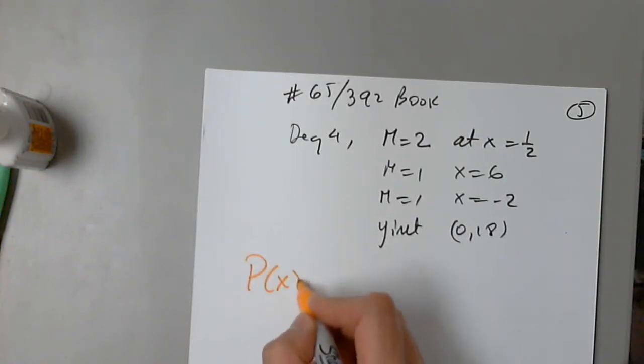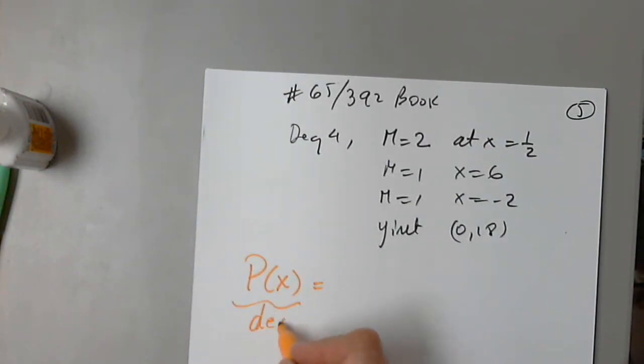So a polynomial, this has to be degree 4. How many x-intercepts are we given here? Right. So I'm given x equals 1/2 twice. I'm given x equals 6 once, and I'm given x equals -2 once.